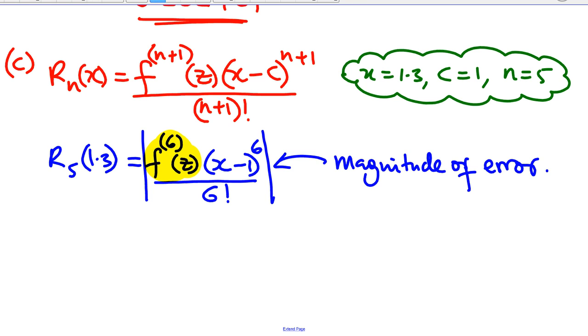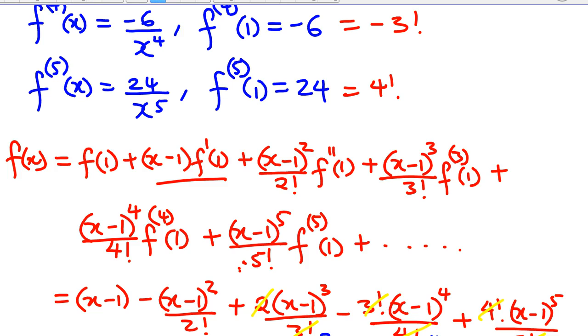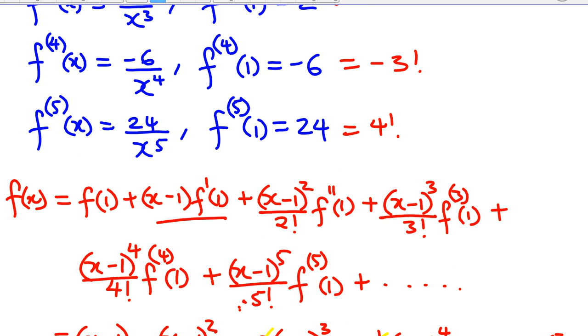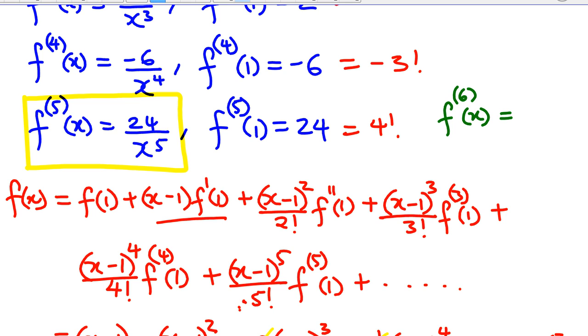Now, let's go back to our solution. The fifth derivative was that, which means that the sixth derivative will be equal to negative 120 over x to the power 6.